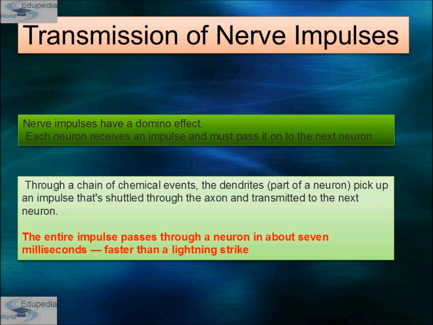This chemical event chain consists of 5 steps. The entire impulse passes through a neuron in about 7 milliseconds, which is faster than a lightning strike. Just imagine.